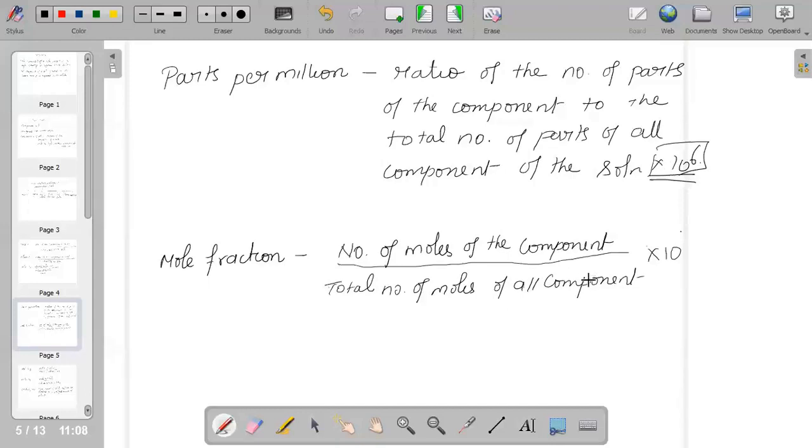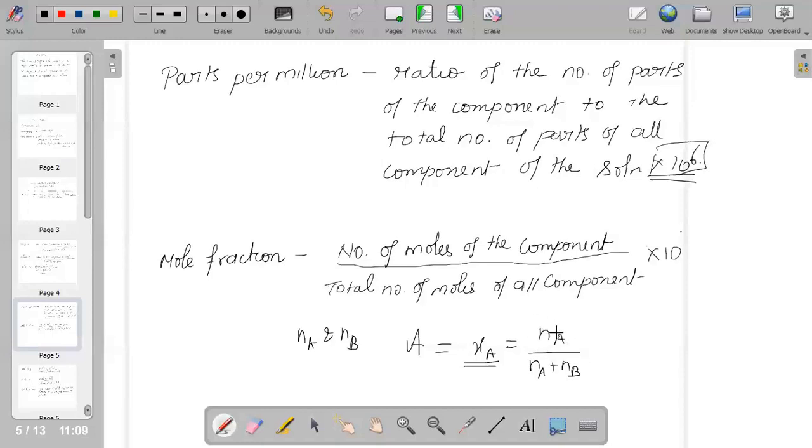For a binary mixture with moles Na and Nb, the mole fraction of A is X_A equal to Na by Na plus Nb.